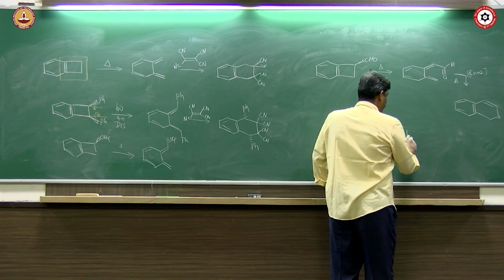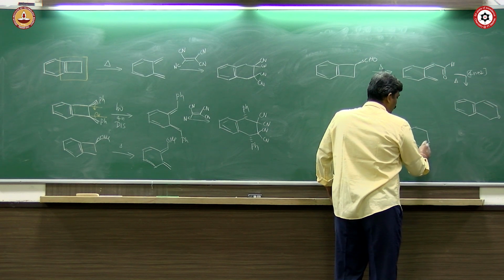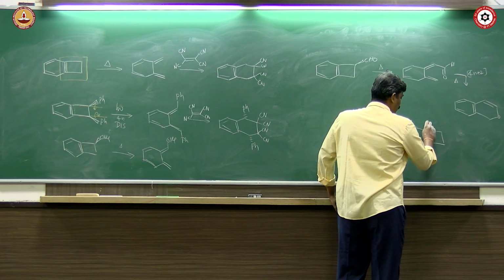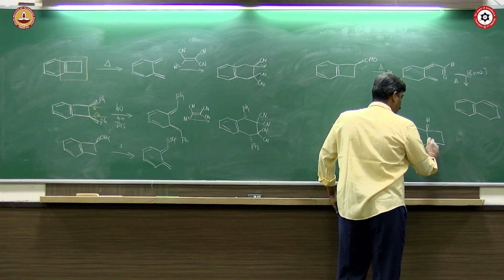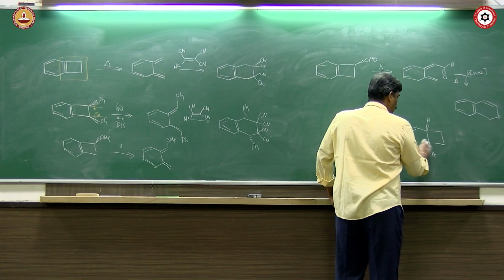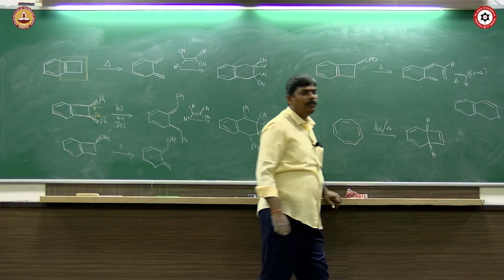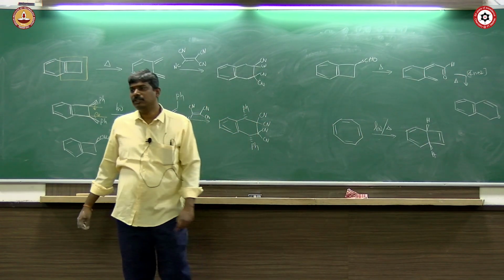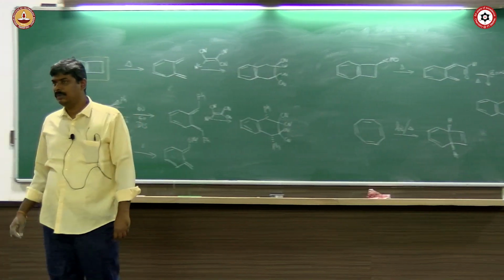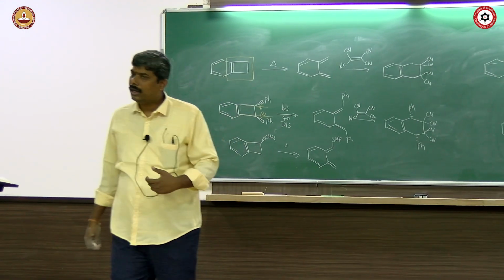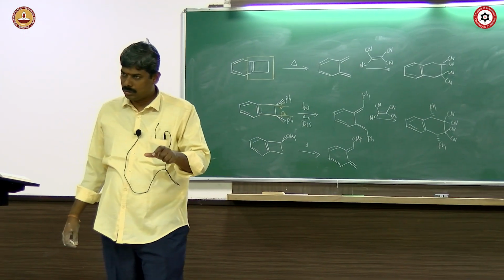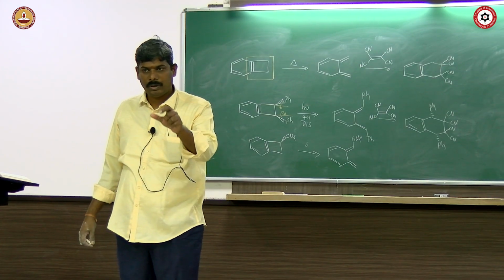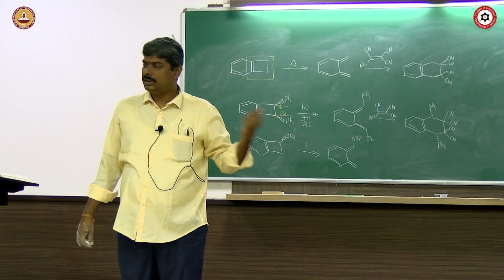How do we explain this? Cyclooctatetraene, when you heat or under photochemical, both thermal or photochemical, irrespective of the condition, gives only this product.